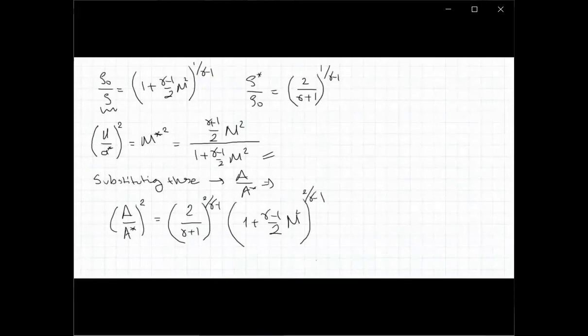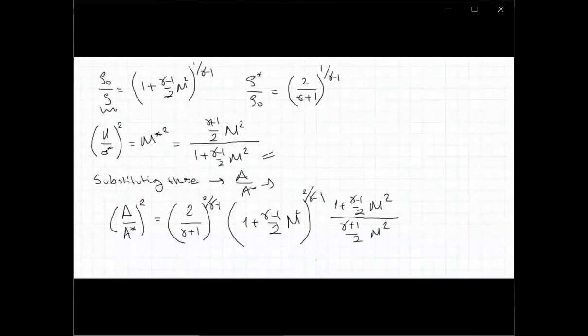And finally, we have the relation for a star over u. We have u over a star over there, so we will just write its inverse. It is going to be equal to 1 plus gamma minus 1 over 2 M square, divided by gamma plus 1 over 2 M square.